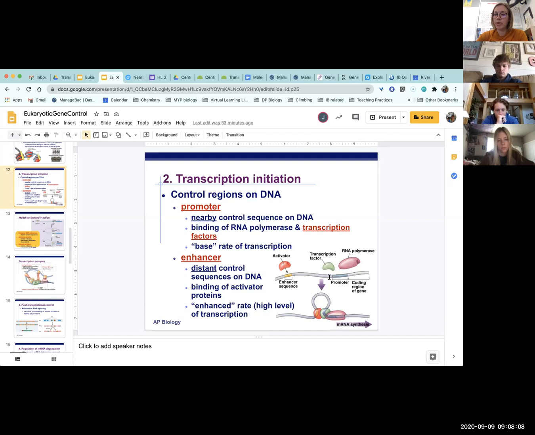That RNA polymerase, if it binds on, can then go on to read the coding region of the DNA. That's only if it's open. If it's closed because it's methylated, then you're not going to get transcription of this gene.